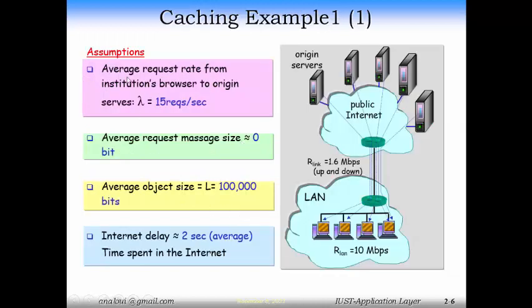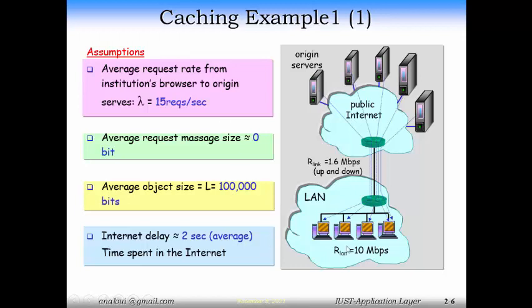Let's suppose that I have this structure here. I have a LAN with a transmission rate of 10 megabit per second. This LAN is connected to the internet via a link with a bandwidth of 1.6 megabit per second, and at the other side, this router is connected to the public internet, and the servers are on the internet.